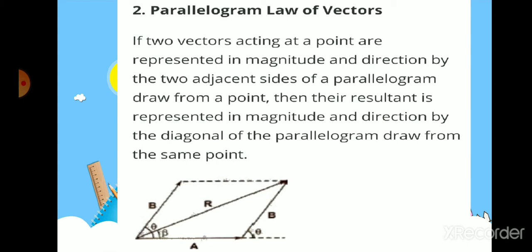Draw the resultant vector from the joining point of vector A and vector B to the opposite corner of the parallelogram, which represents its diagonal. In the figure, vector R represents the diagonal, or the resultant, of the addition of vector A and vector B.